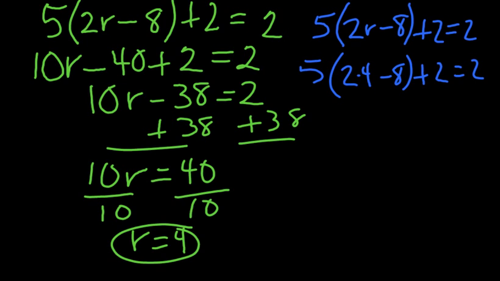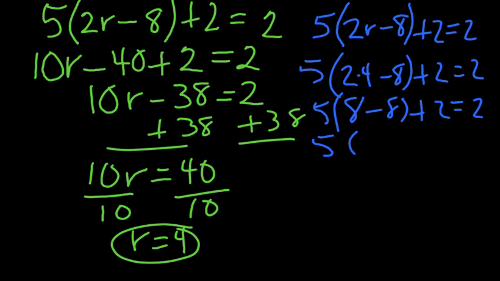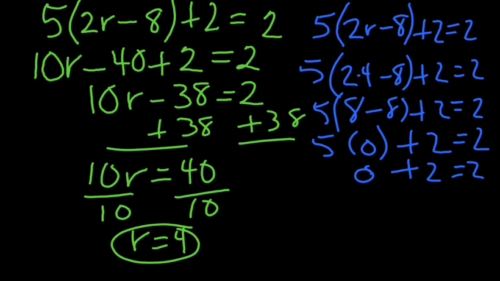So 2 times 4 is 8. What's 8 minus 8? 8 minus 8 is 0. Right? What's 5 times 0? Well, that's 0. What's 0 plus 2? Well, that's 2. So it just checks absolutely beautifully.